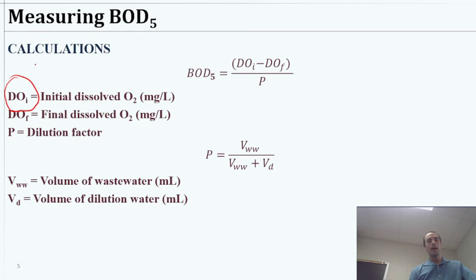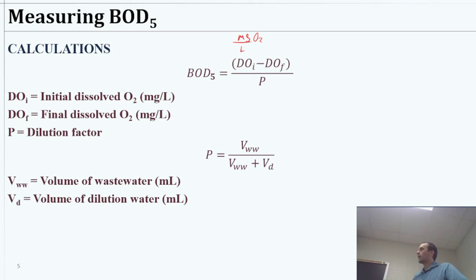We have a subscript I, meaning the initial dissolved oxygen. So when we're doing this 5-day experiment, we're measuring the oxygen demanded after 5 days. That's going to be equal to the dissolved oxygen we started with initially, in milligrams per liter of O2, minus what we had at the end. So what we started with minus what we ended with.